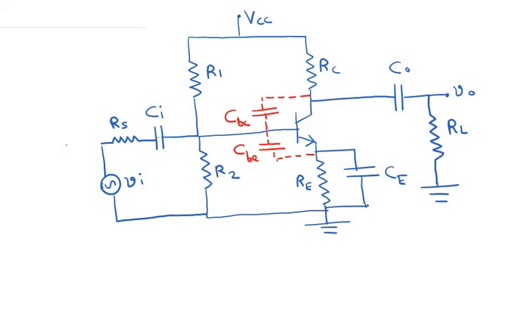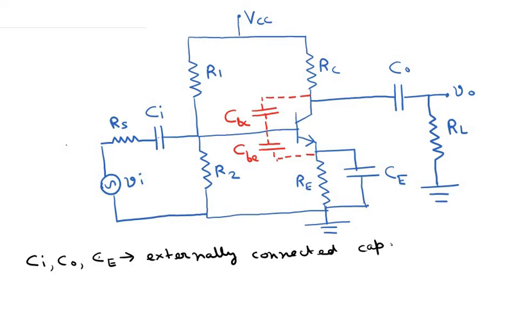So let me write it here. CI, C0 and CE are externally connected capacitors. Of course, when you buy a transistor amplifier from the market, the manufacturer would connect these capacitors for you. You don't have to connect these capacitors yourself.